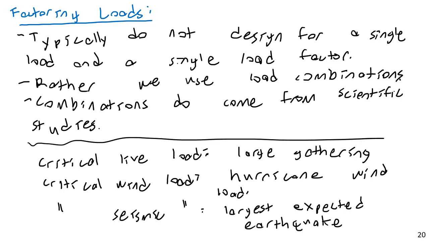Now, thankfully in Houston we don't have seismic, and thankfully out in California you don't have hurricanes. But there actually are some areas where you can get both seismic and hurricane. Puerto Rico and some other Caribbean islands are examples of this. And so in those cases, you have to design buildings for both hurricane and seismic load, but you don't have to design them both at the same time.